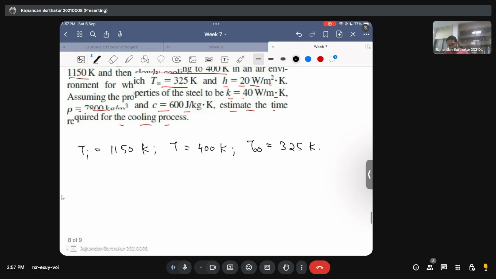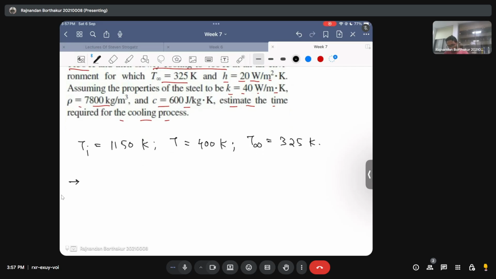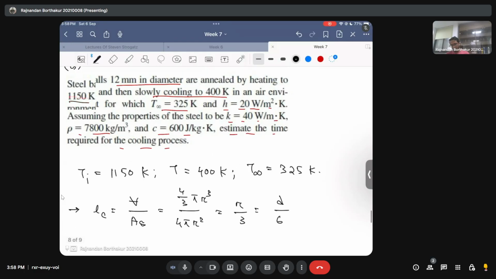In order to check the Biot number, first of all you need to calculate the characteristic length LC. For this case, your characteristic length is volume by surface area, and for a sphere the volume is 4 by 3 pi r cubed and the surface area is 4 pi r squared. So this is basically r by 3, or in terms of the diameter it becomes d by 6, where your d is 12 mm.